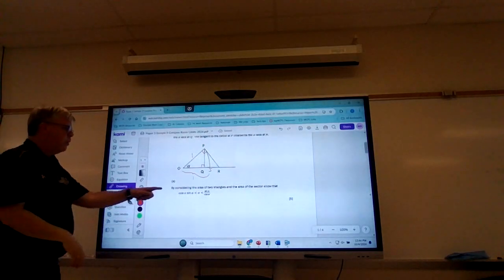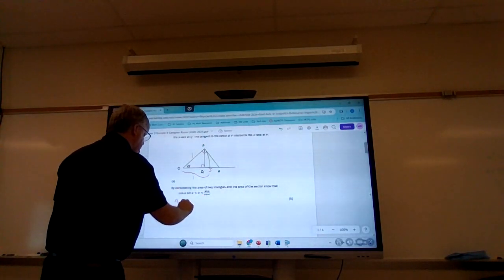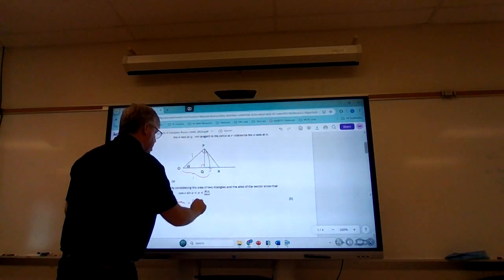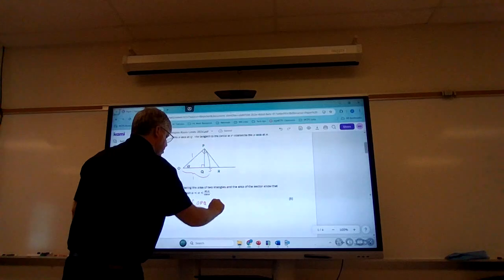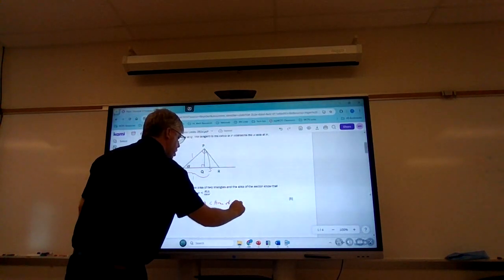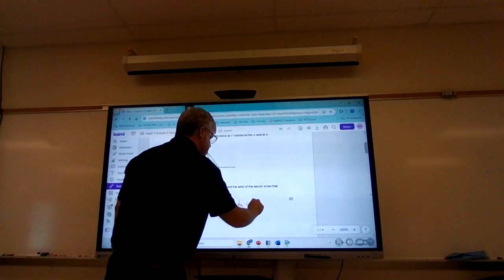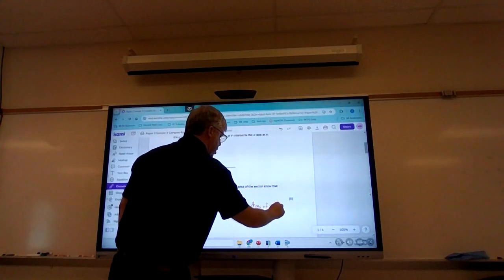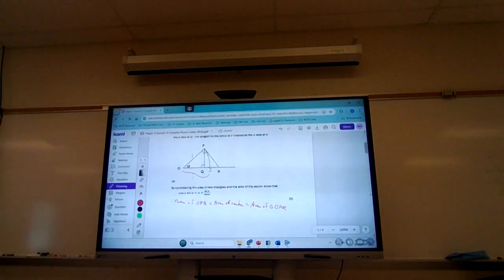So the way to get here is to say the area of the smaller triangle, the one inside the sector, OPQ, is clearly smaller than the area of the sector. But the sector is inside the big triangle, so the biggest thing here is the area of the larger triangle, OPR. Does that make sense?